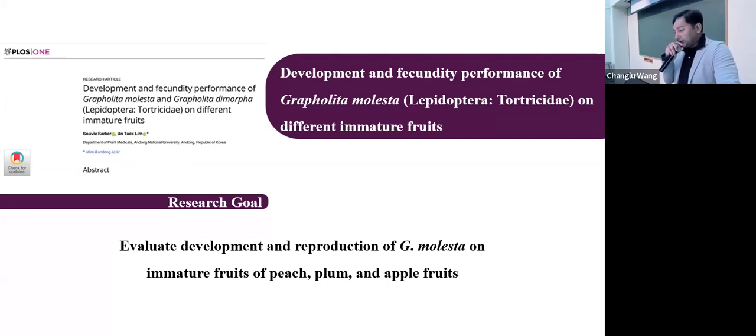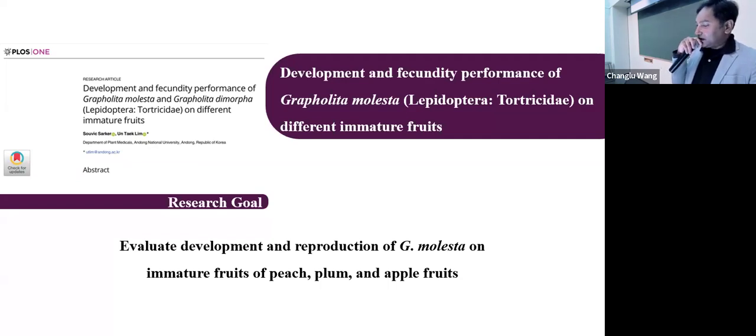I was getting some mold, and the diet became dried, and I was not getting enough insects to run my experiment. Then I thought, okay, don't waste time, let's try to evaluate another natural food source.